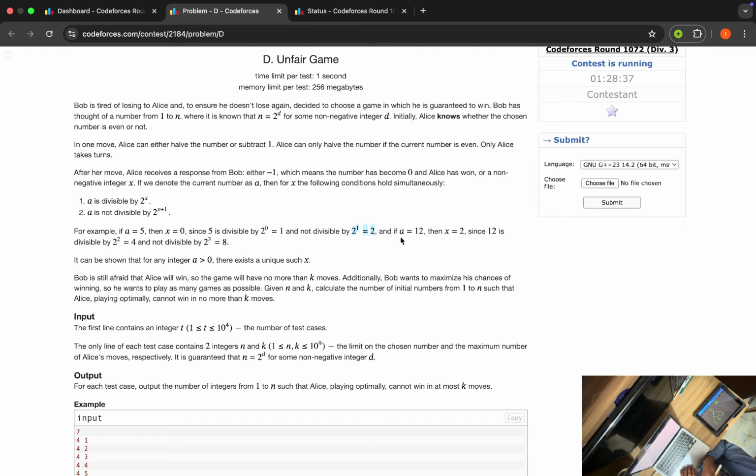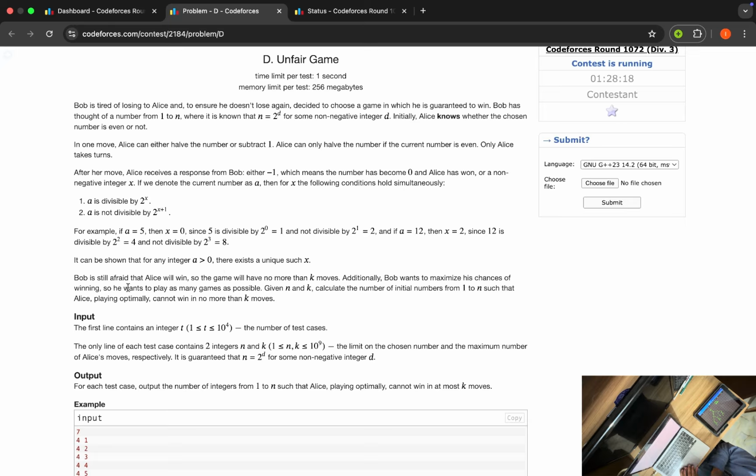And if a equals 12, then x equals 2, since 12 is divisible by 2 to the power 2 and not divisible by 2 to the power 3. It can be shown that for any integer a greater than 0, there exists a unique such x.